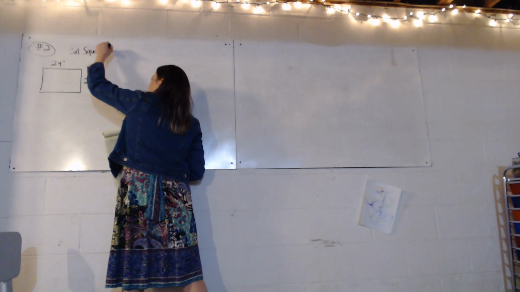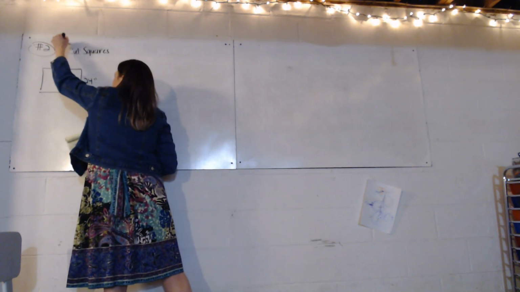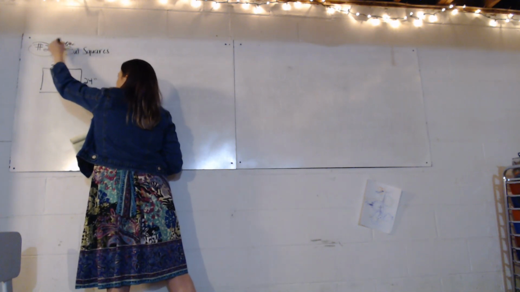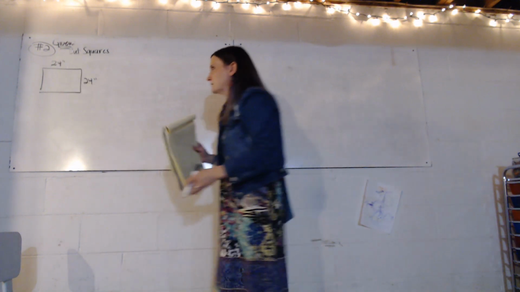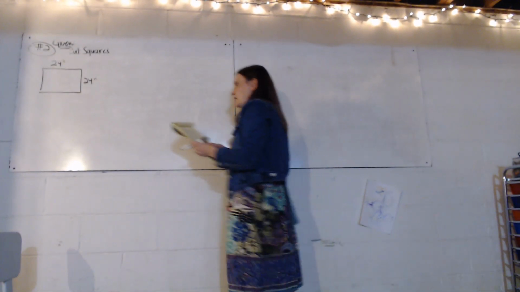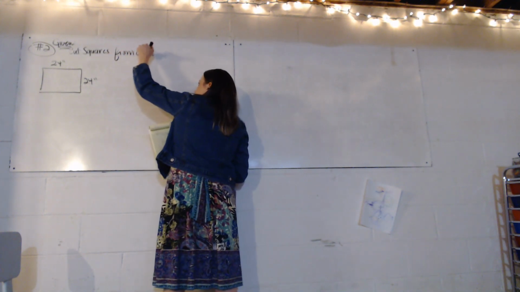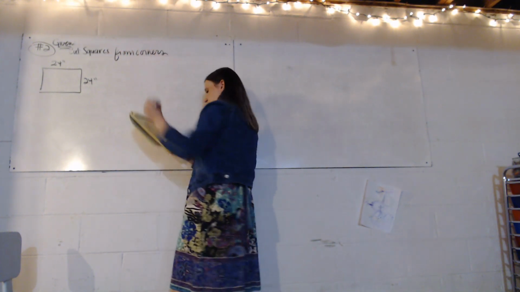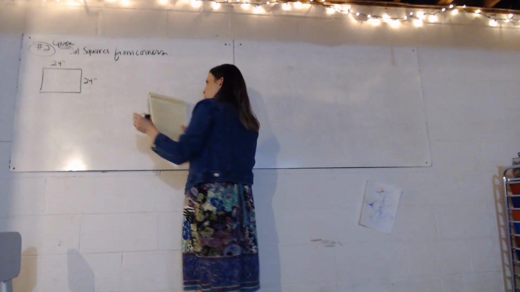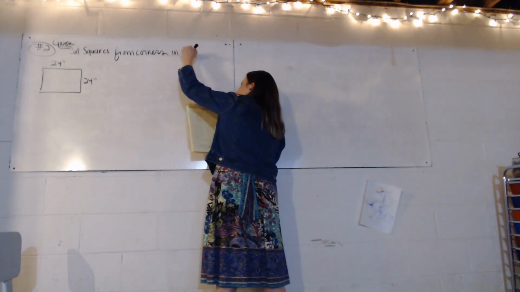So we're given, I should say, this is my given. It helps me to picture it. So I have a sheet that's 24 inches on each side. I'm going to cut squares from the corners. And I want to get my maximum volume.